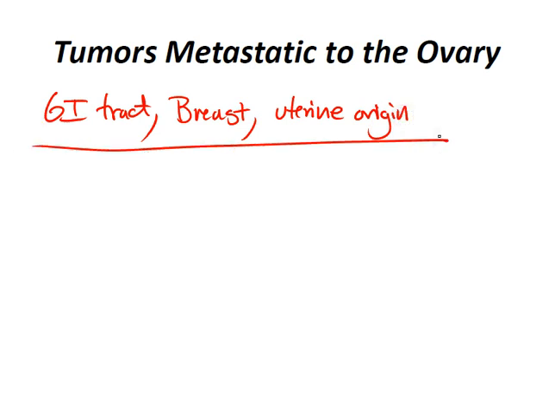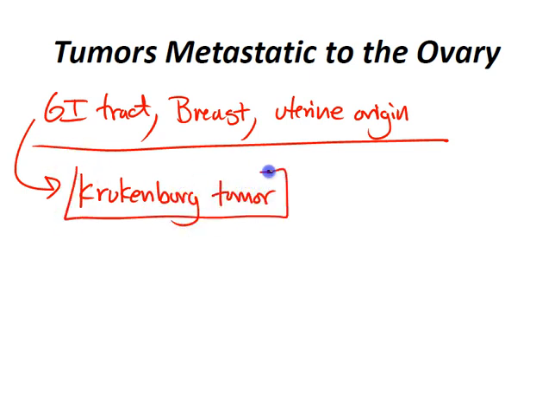So, gastric metastasis to the ovary is known as a Krukenberg tumor, and they love this on the boards. Remember that, Krukenberg tumor. That's highly tested.